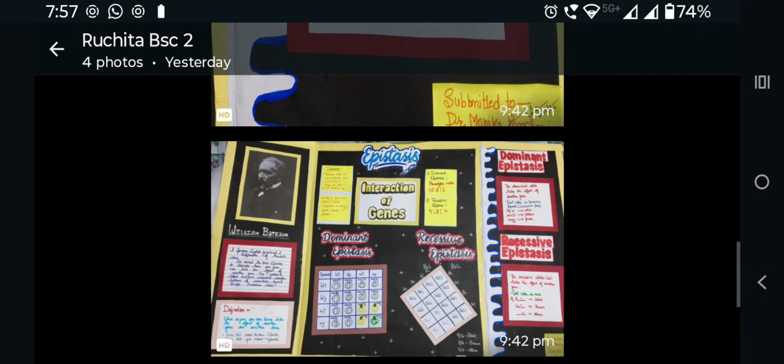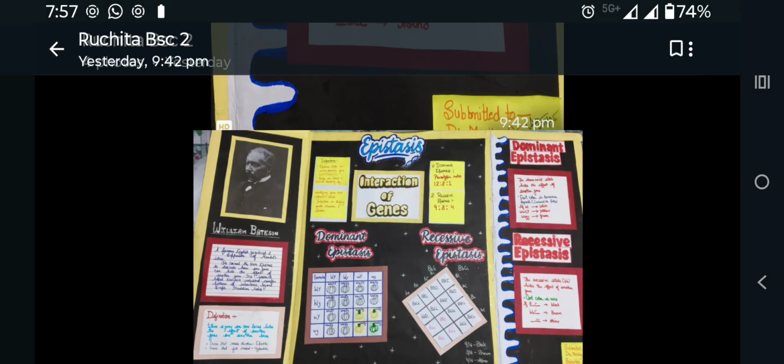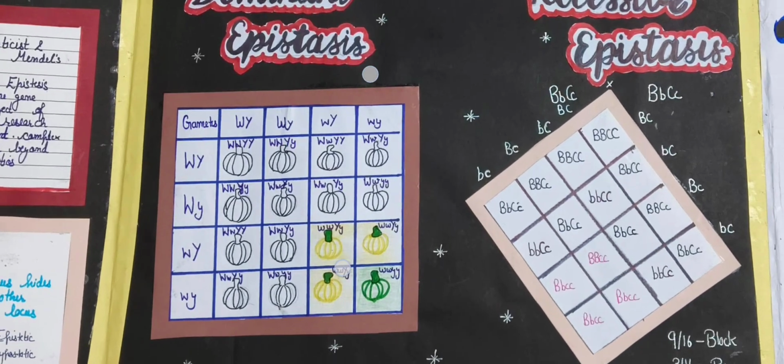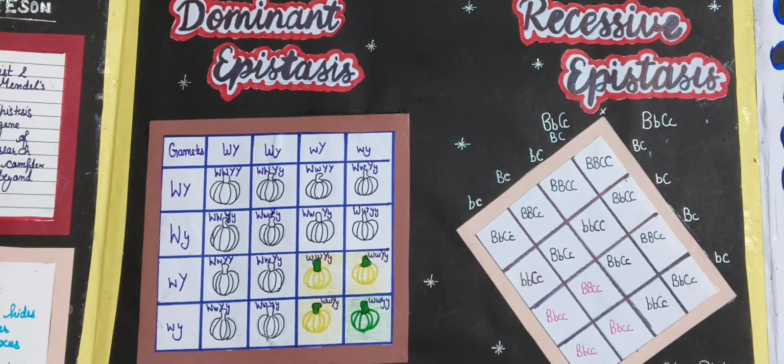You can elaborate this with the example of dominant epistasis, where gametes are formed like capital W capital Y, capital W small y, small w capital Y, and small w small y.